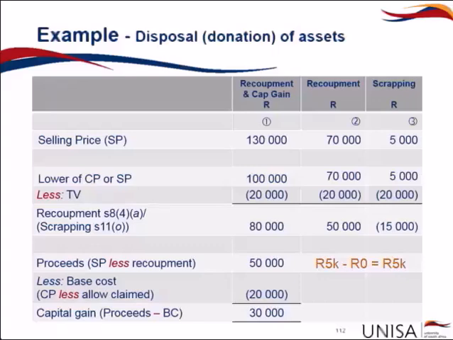Therefore, we'll have 5,000 being our proceeds. The base cost will be the cost price being the 100,000 less allowances that we have claimed. Well, that's less the 80,000, but now we also are claiming a scrapping allowance, so we will minus that 15,000. That will give us a base cost of 5,000, resulting in a 0 capital gain or loss.